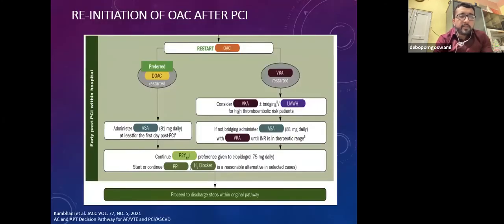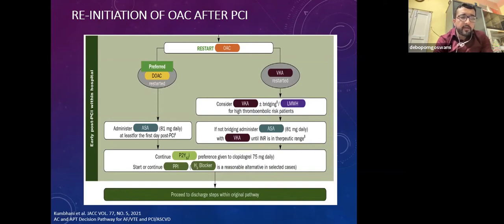Now, when to reinitiate the oral anticoagulation after PCI: if it is a VK, it has to be restarted after bridging with the low molecular weight heparin for high thromboembolic risk patients. And if not bridging, then administer aspirin 81 milligram daily with VK until the INR is in the therapeutic range.